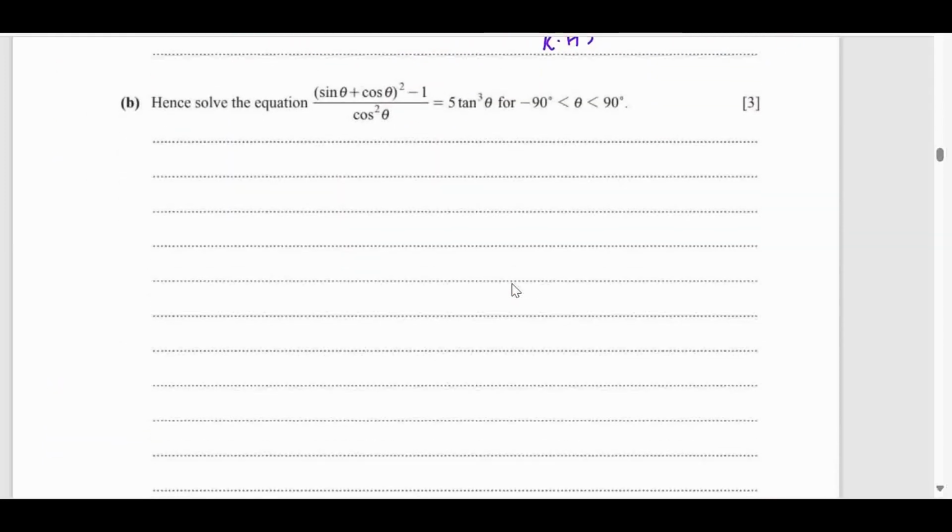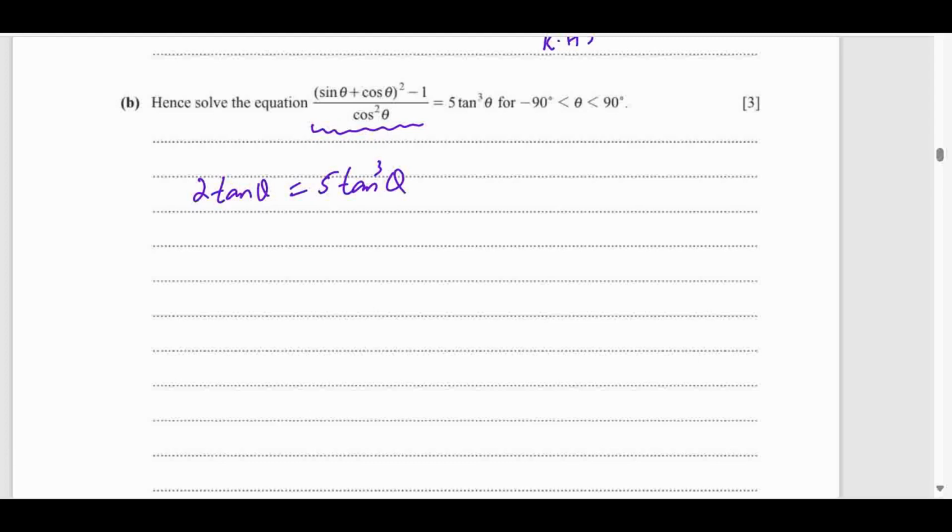Hence solve the equation. Now we know that this whole thing is equal to 2 tan theta. So just replace it. So 2 tan theta. We know that solve means that we need to find out the unknown variable, and here the unknown variable is theta. So 2 tan theta is equal to 5 tan cube theta.